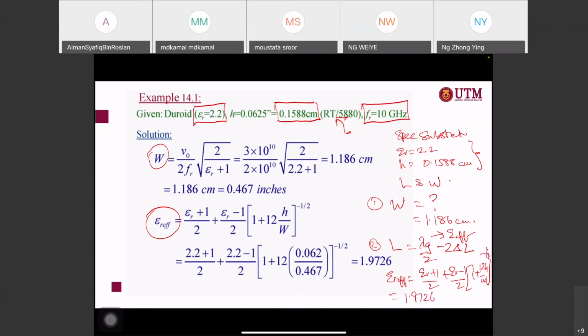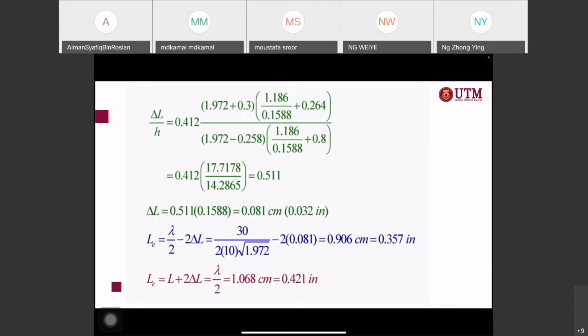You see, this epsilon R effective is slightly lower than the epsilon R given for the substrate. Everybody should know that.